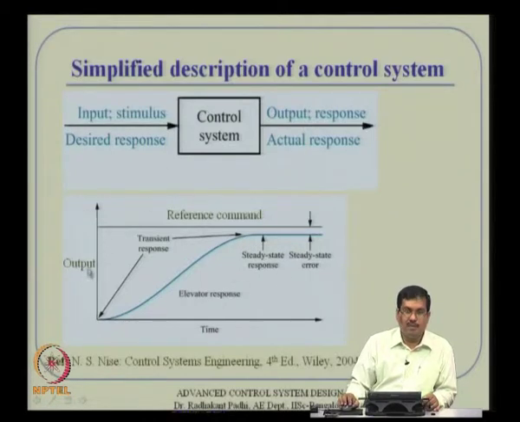In steady state there may be some error also, whatever you want the system to do, you may not be doing a 100% perfect job. So, there may be some steady state error, and in the transient response, this is a typical transient response, it does not mean every response is like that. There may be overshoots and then it may stabilize and things like that. We will see a little more as we go along.